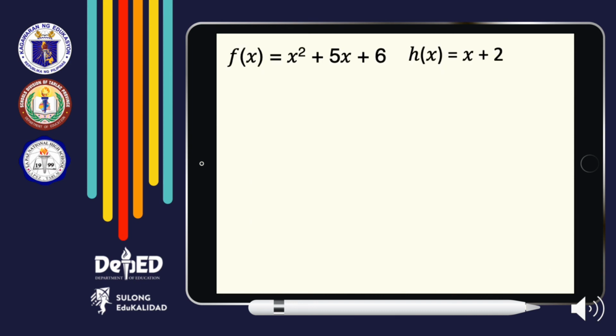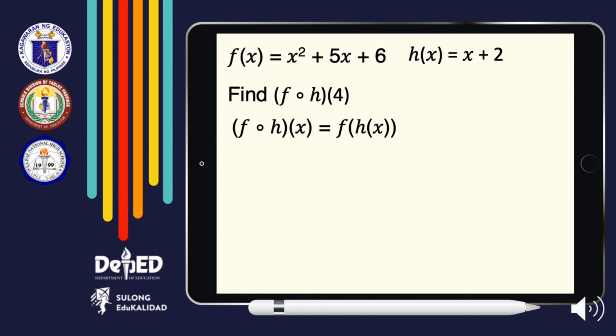Let's try to assign a value to x. Using the same given functions, let us find f composed of h of 4, meaning to say, we are going to substitute 4 to all the x's of the functions. So first step, let's apply the definition of function composition. We have f composed of h of x is equal to f of h of x. Now, let's use the function we've had earlier since we have the same given functions.